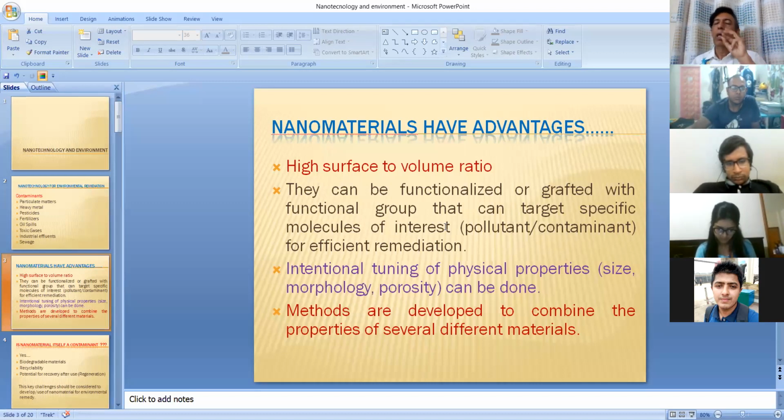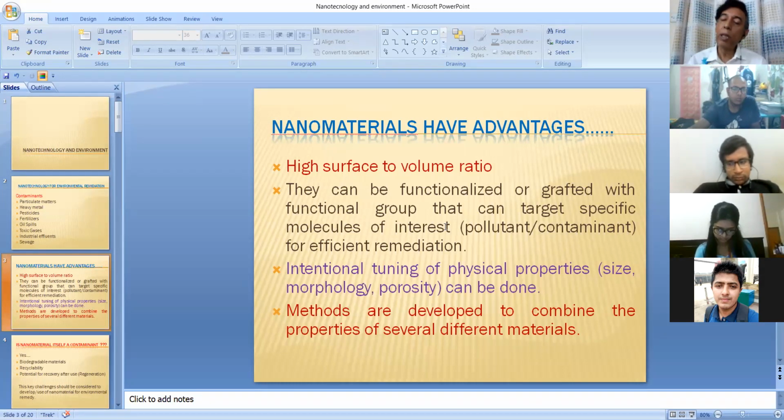Say, for example, I have dispersed some gold nanomaterial which has an NH2 group grafted to it, or I can disperse iron nanomaterial which has an NH2 group grafted on it.